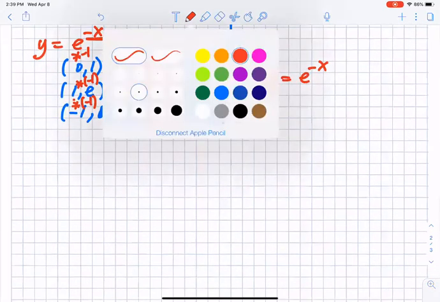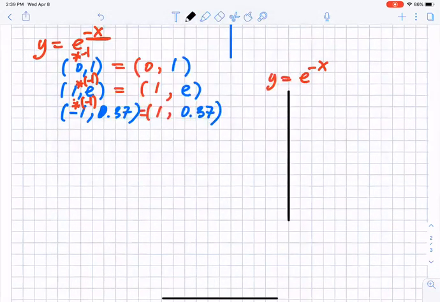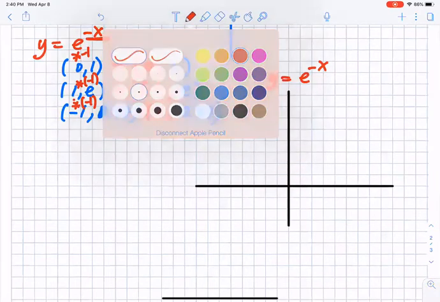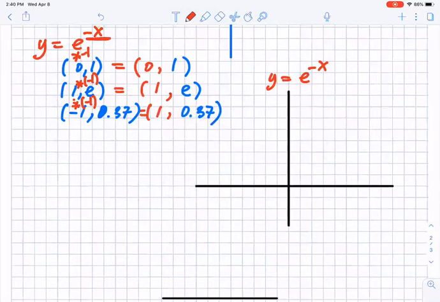Let's graph that. So we're going to have 0 and 1 still. Then we're going to have -1 and e. This is actually negative, -1 and e, so it's going to be around here.